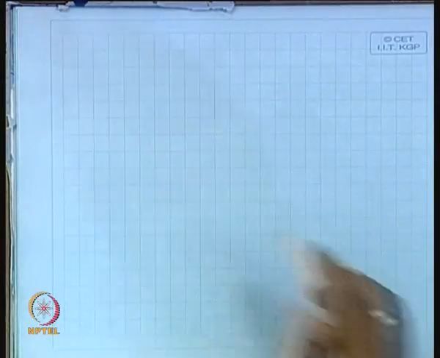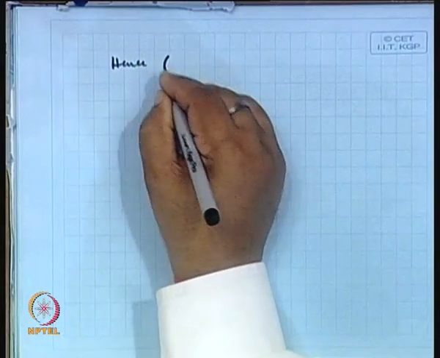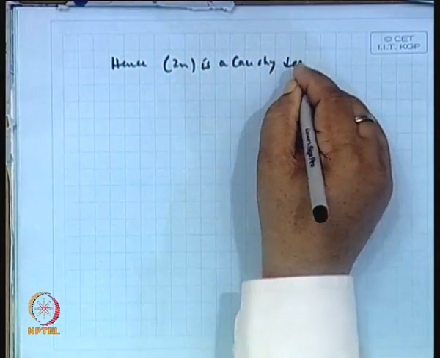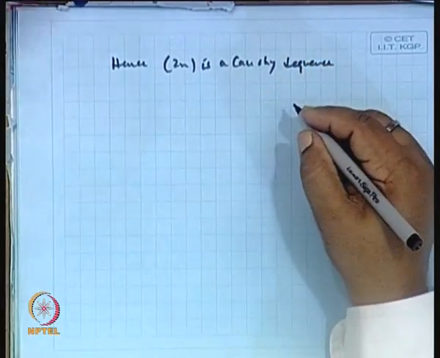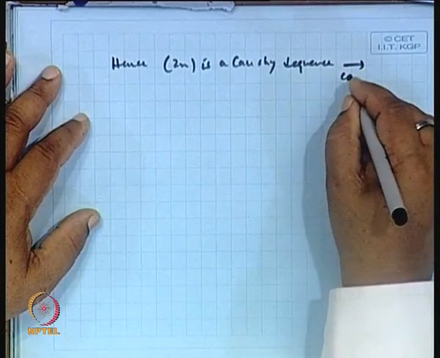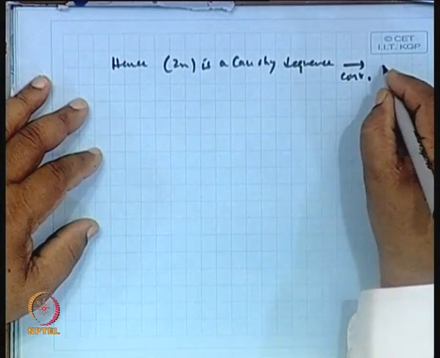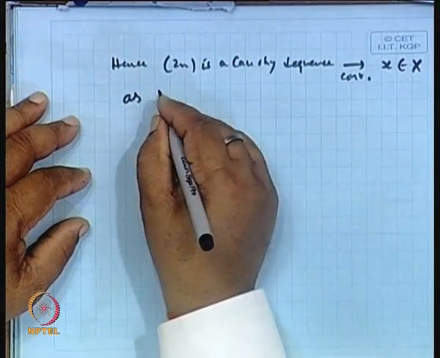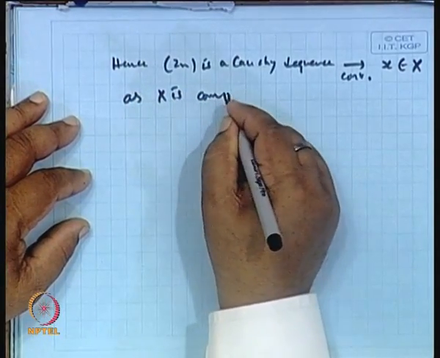Hence, z n is a Cauchy sequence, which converges to x belonging to capital X, as capital X is complete.